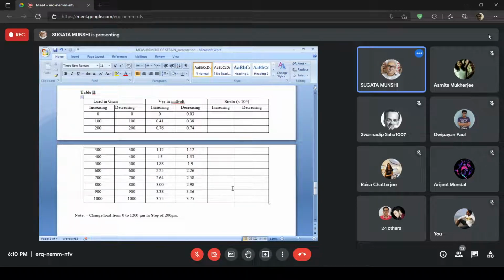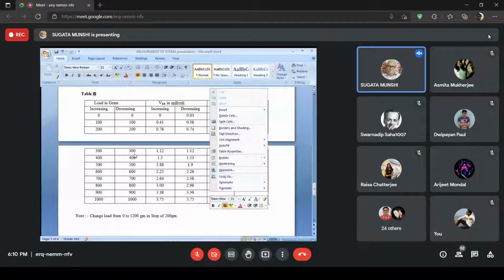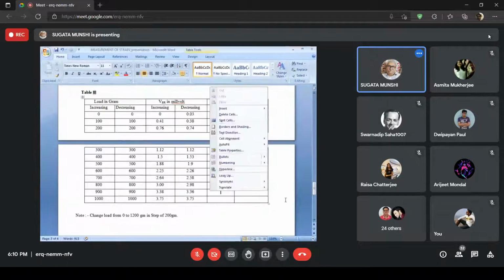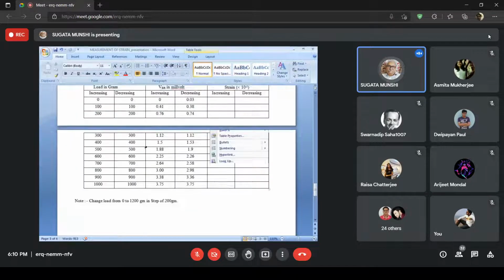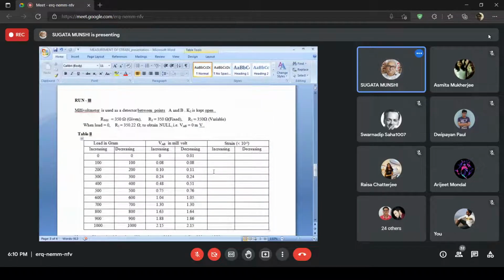All right. So there should be 3 sets of plots. One set for increasing load and decreasing load for that run 1, which you obtain from table 1. Second case, increasing and decreasing load, which you obtain from table 2. All right, strain versus load plot.